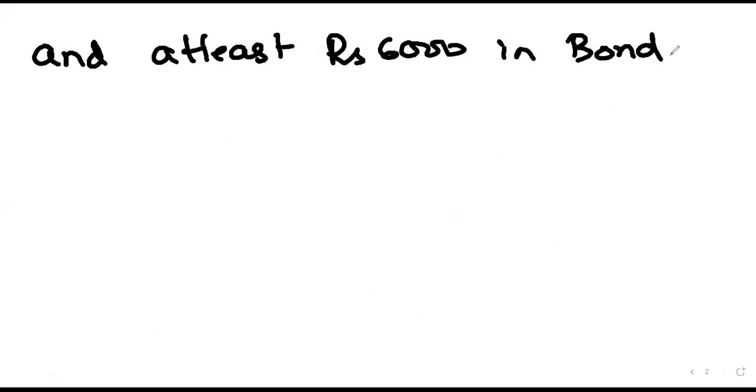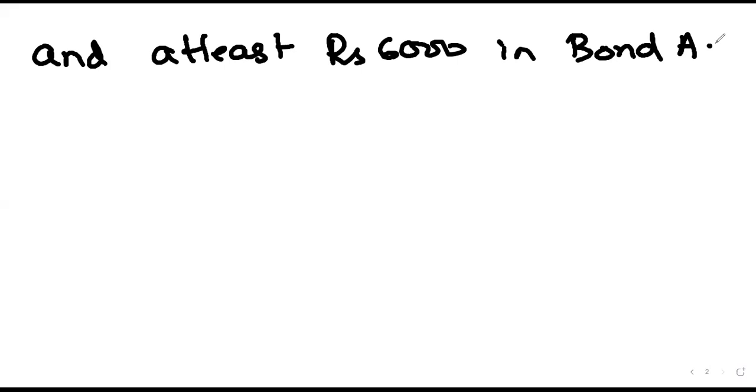And at least 6,000 rupees in bond A. This is a normal scenario wherein a retired person thinks of investing 6,000 in one type of investment and a maximum of 12,000 in another, correct?